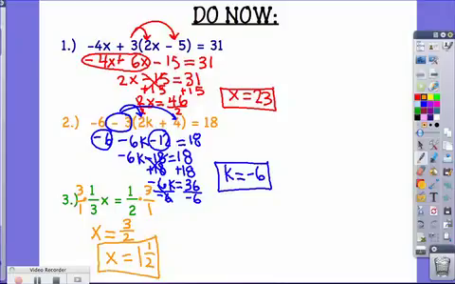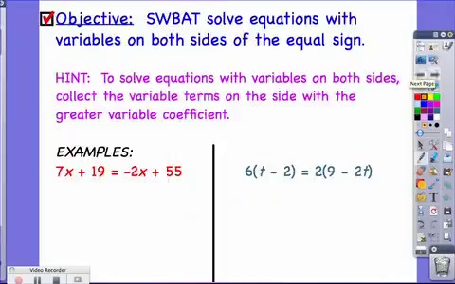Solve equations with variables on both sides. Collect the variable terms on the side with the greater variable coefficient. 7x plus 19 equals negative 2x plus 55. Our goal is to get x on one side. In order to get rid of the negatives, I can add 2x to both sides of the equal sign. Negative 2x plus 2x cancels out.